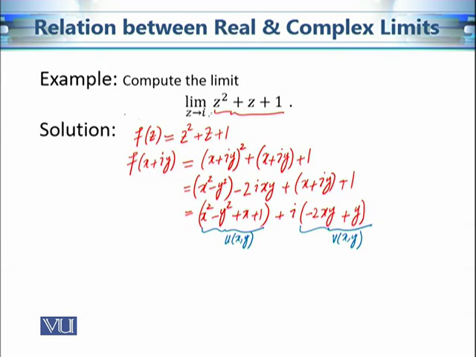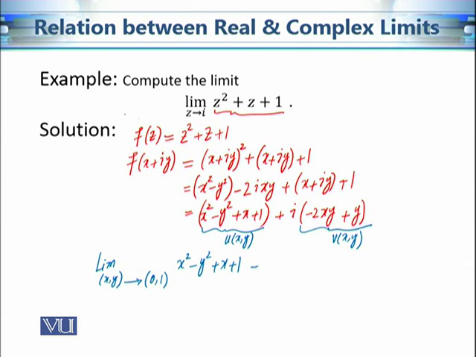Now calculating the limit as z approaches iota is the same as calculating the limit as (x,y) approaches (0,1), since iota is in fact (0,1). So we want to calculate this limit as (x,y) approaches (0,1) of x square minus y square plus x plus 1.